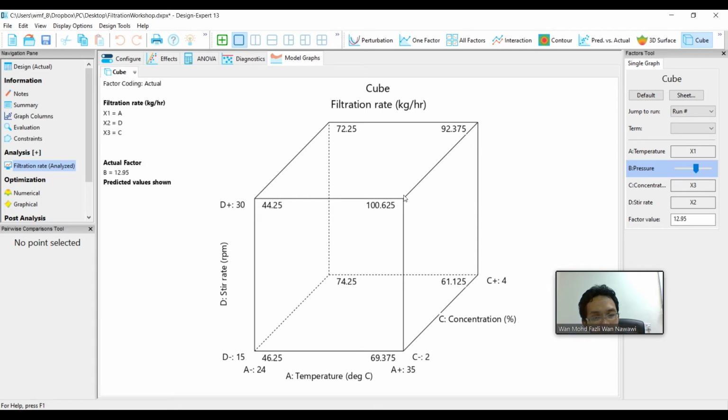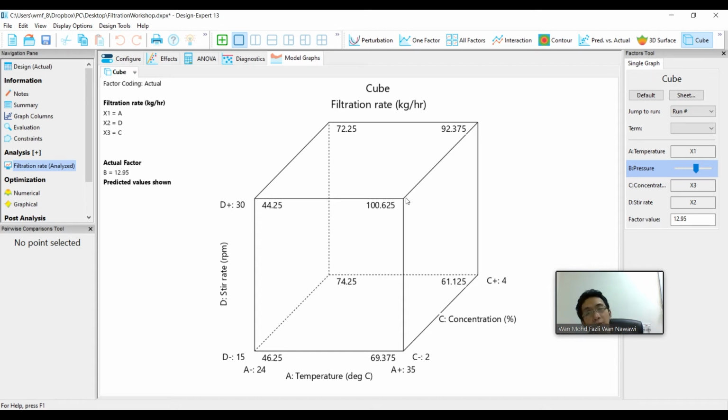This combination is A plus, meaning that A is temperature, high temperature, and also high stir rate, so the z-axis is stir rate, and also low concentration, because here concentration is the axis, so low concentration. That is the combination here.